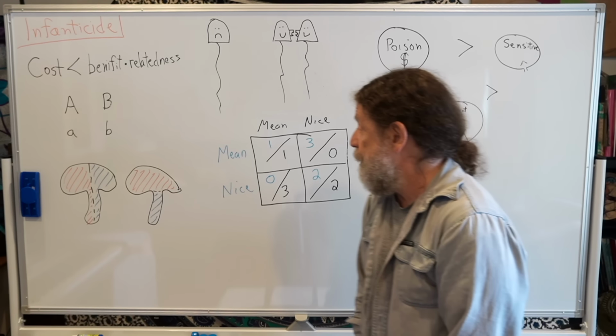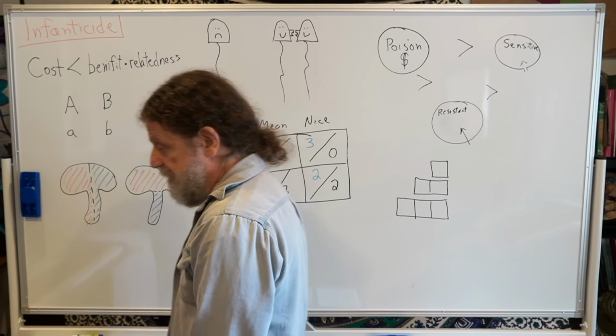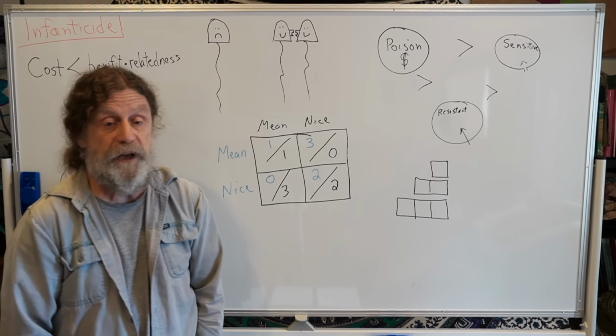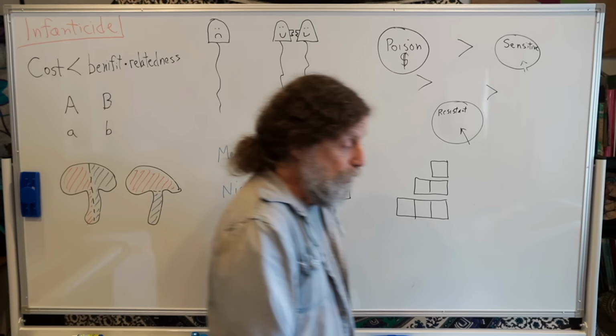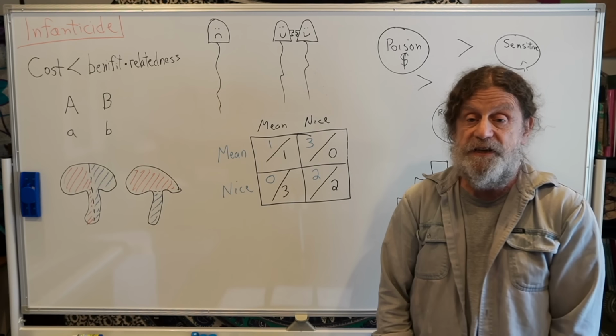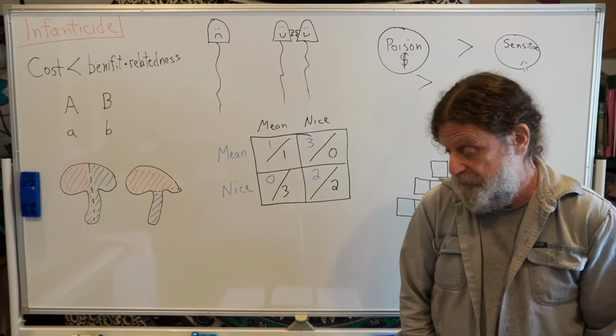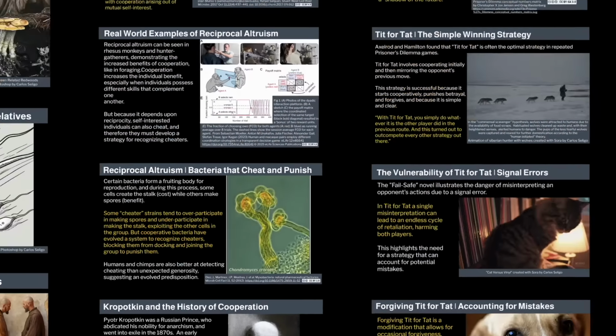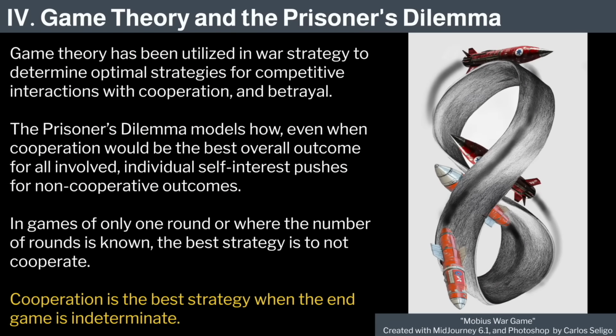So now we get the critical question that comes up, which is: when do you cooperate and when do you cheat? How do you know what the optimal strategy is? And this is when there was a very unlikely marriage between zoologists and game theorists.